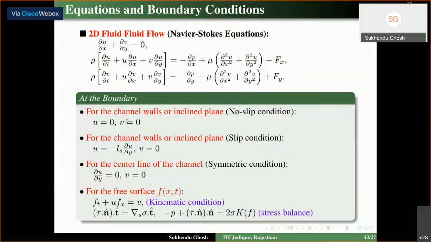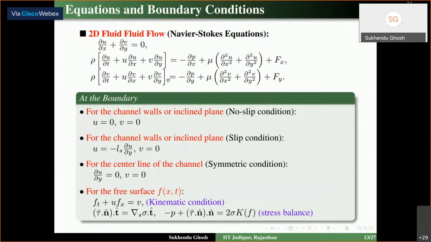Or the gradient of the velocity and the velocity at the wall are proportional, in which case we get a mixed or Robin type boundary condition. In some cases the gradient is zero, which is called a normal boundary condition. All possible boundary conditions can be used depending on your flow type or application type.